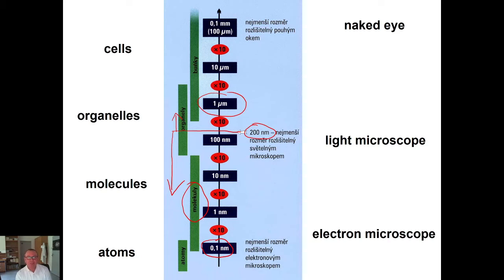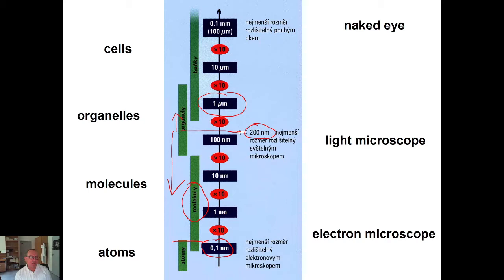This is a resolution power which allows us to see almost all structures of a cell. Of course, not atoms. Atoms or small molecules are below this level, but large molecules and their combinations are visible. So the reason to magnify is clear.